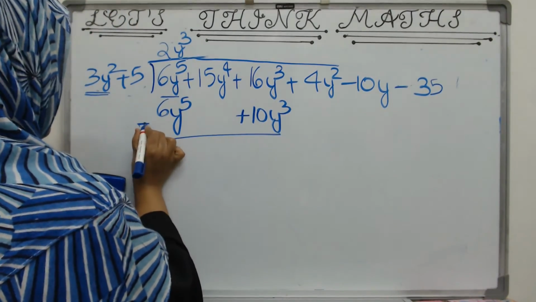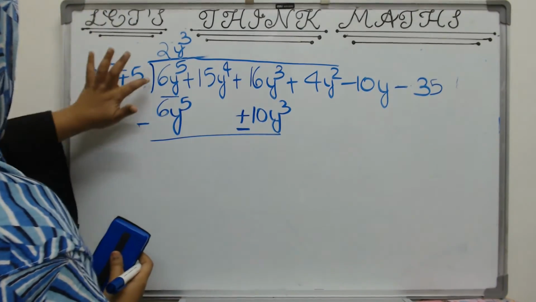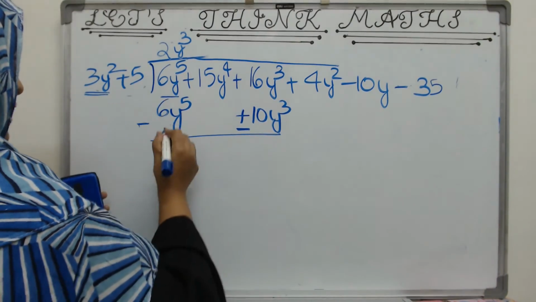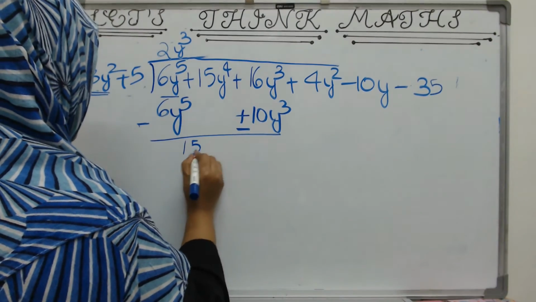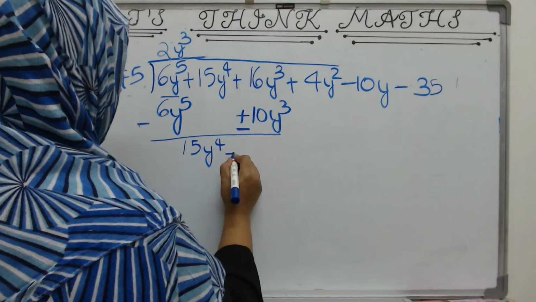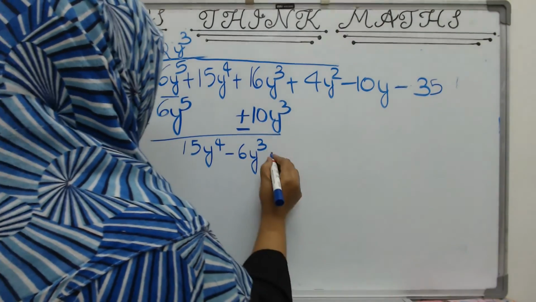Subtract means here also there will be a minus sign and here also there will be a minus sign. 6y raised to 5 minus 6y raised to 5, just 0. Then write the 15y raised to 4 and then this would be minus 6y cube. Then copy all of the rest.